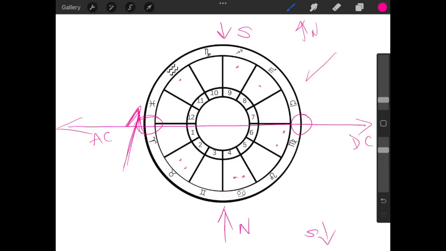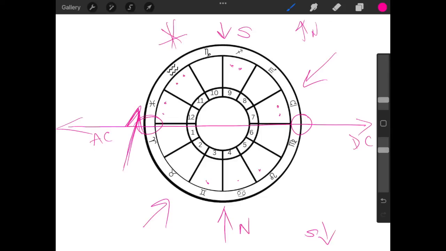So this is why we're going to refer to this as top and bottom, okay? For my own sanity and for yours as well, it'll be much easier just to go top versus bottom. So let's just say that most of your placements are on the top hemisphere of the chart, and again, maybe just a few down at the bottom.